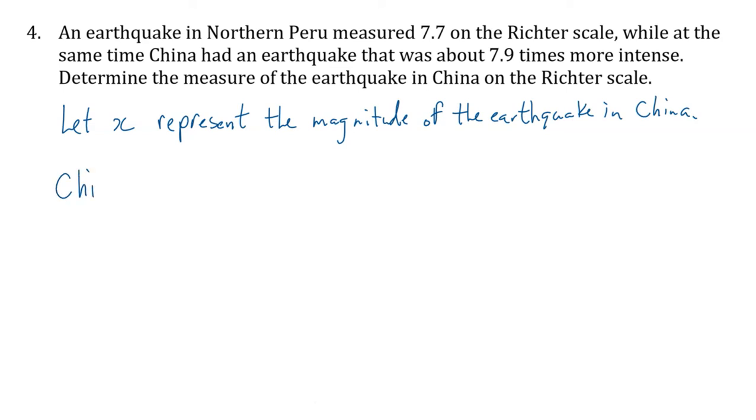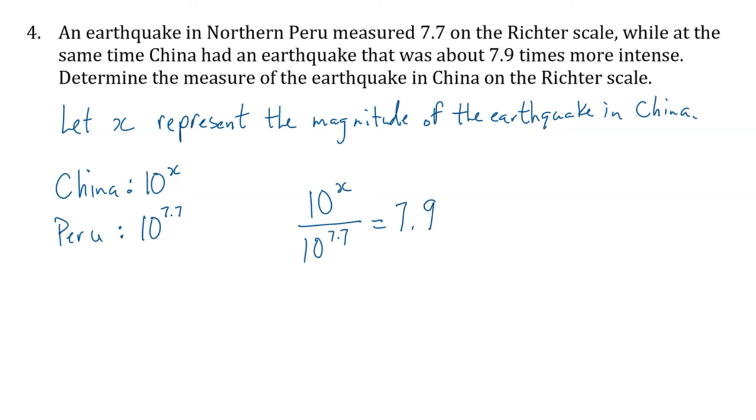And so China becomes 10 to the x, and Peru is 10 to the 7.7. Which one's bigger? China's was bigger, so it's going on top. 10 to the x over 10 to the 7.7 equals 7.9, right? The other number that we're given.